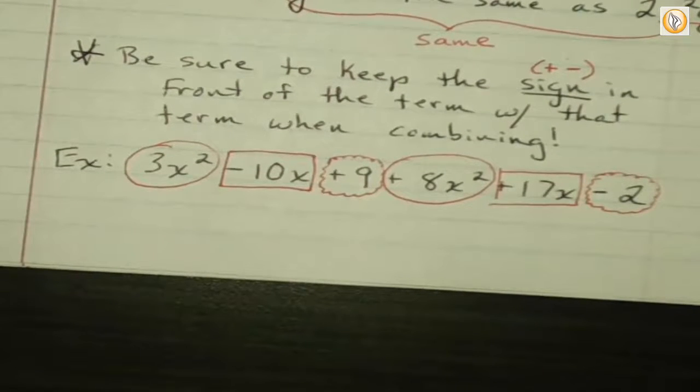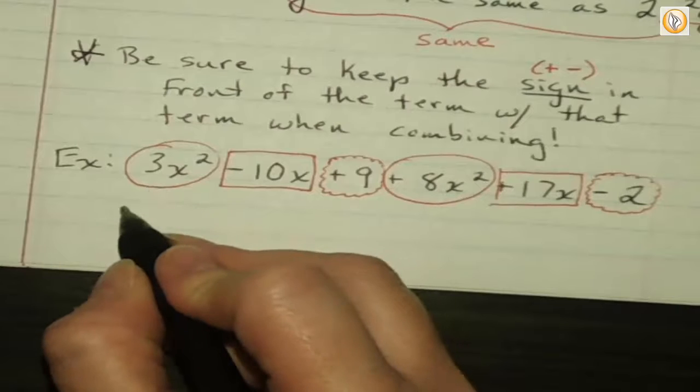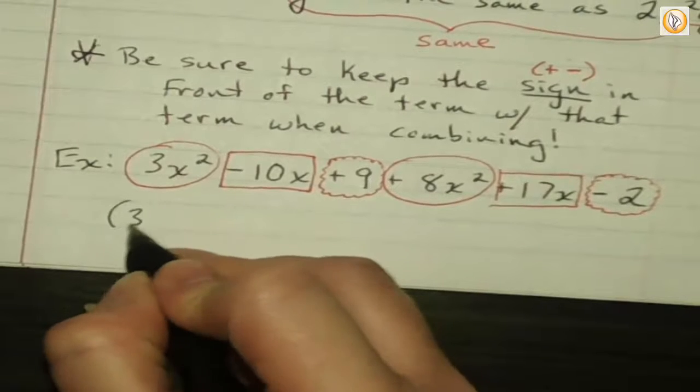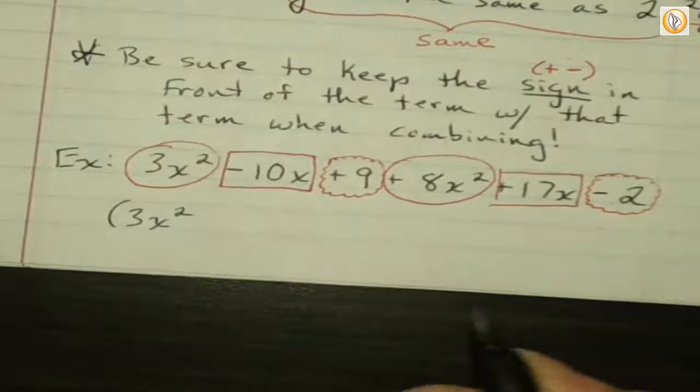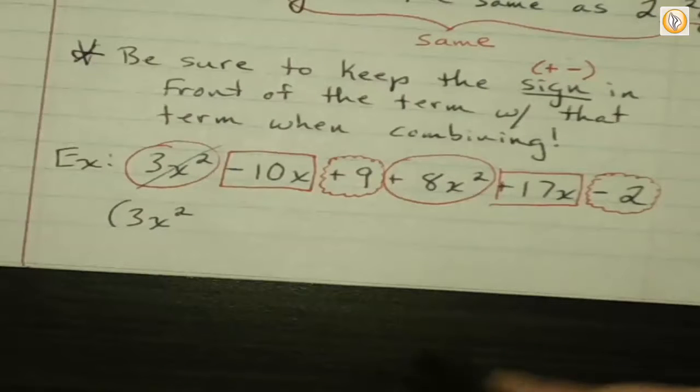All right, so now I'm going to rewrite, and you need to follow my lead on this. I have 3x squared. I'm rewriting it, 3x squared in a parentheses. And then I'm crossing it out because I want to make sure I don't get confused.